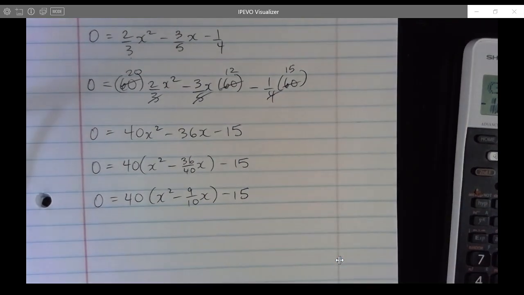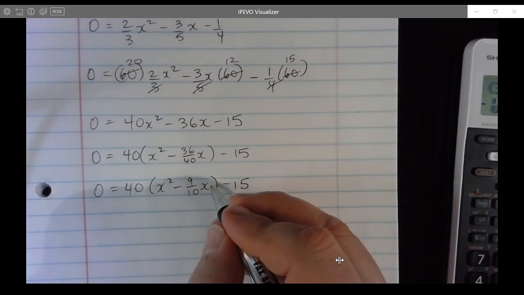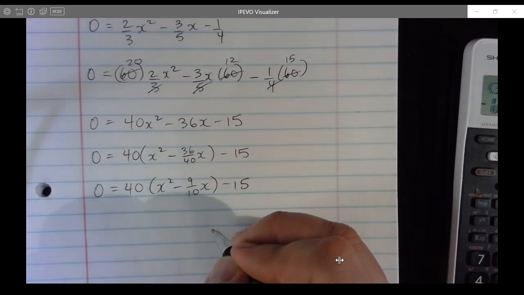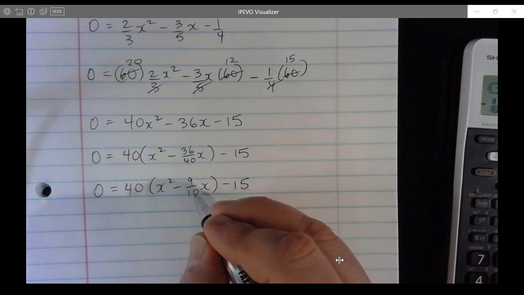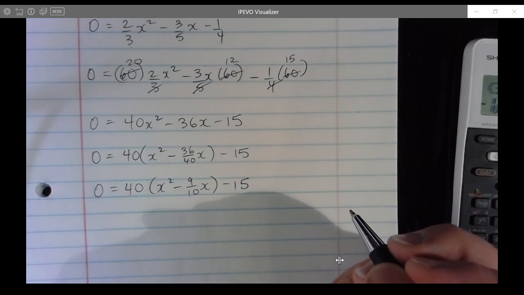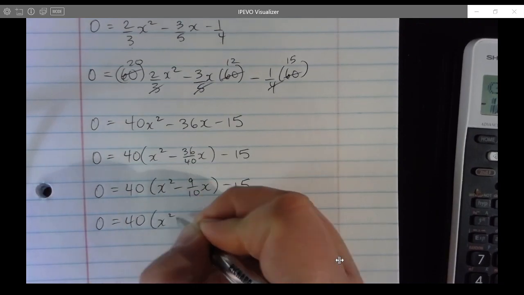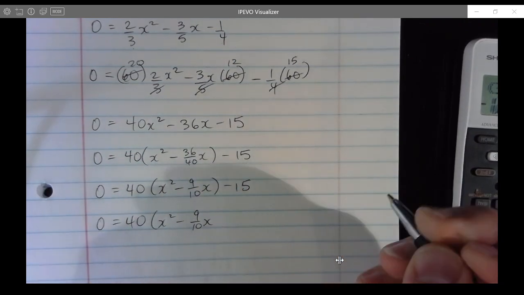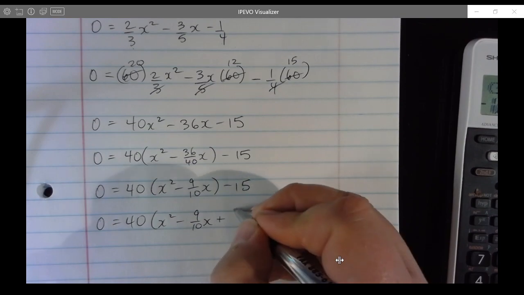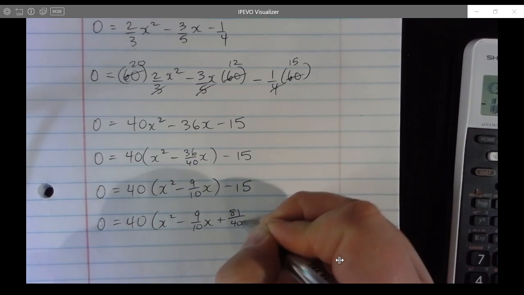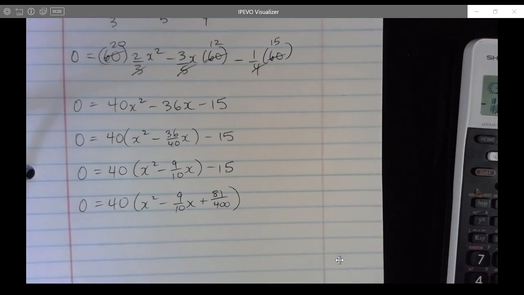There we go. Now, what would I like this to be? Well, I'd like this to be half of 9/10 squared. Half of 9/10 is 9/20, and 9/20 squared, minus 9/10 x. 9/20 squared would be 81/400. Ew. Okay, so 81/400.